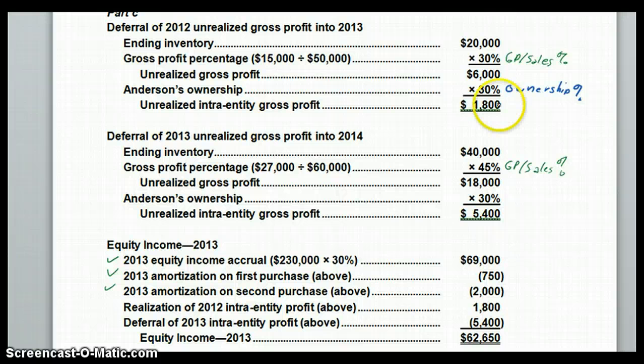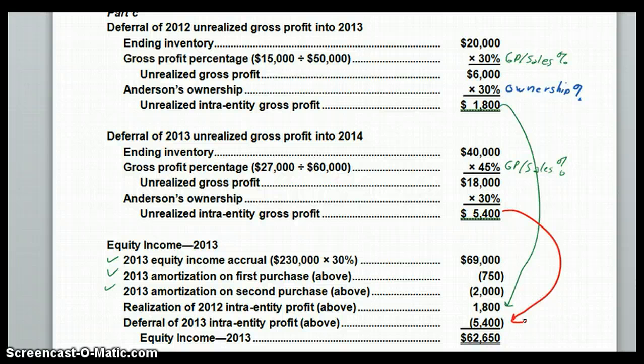So we reverse the gross profit deferred in 2012 and assume that it was sold in 2013, but we defer the gross profit on Andersen's portion of intercompany sales, which is $5,400.